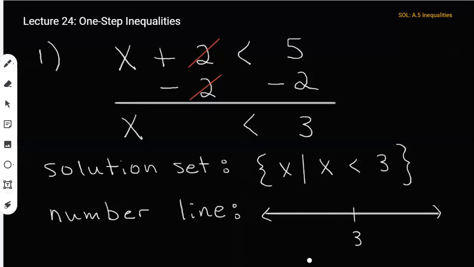So then all the numbers that are less than 3 are going to go on the left-hand side, like 2 and 1. But all the numbers that are bigger than 3, like 4 and 5, are going to go on the right side. So I'm going to have 4 and 5 over here.